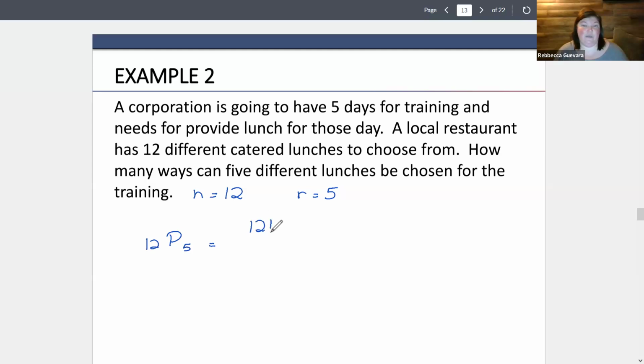That is 12 factorial over 12 minus 5 factorial, so 12 factorial over 7 factorial.